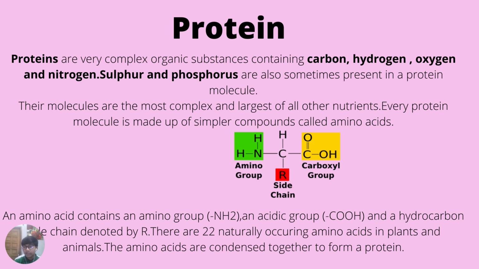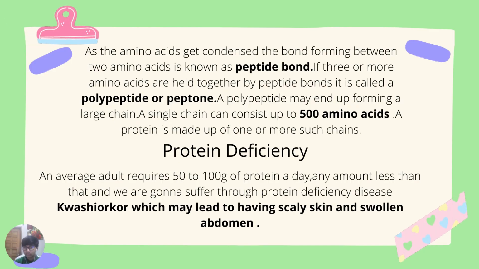Now, in the above picture, you can clearly see what an amino acid looks like, or what it contains. As the amino acids get condensed together, formed between them is a peptide bond. If three or more amino acids are held together by peptide bonds, it is called a polypeptide or peptone.